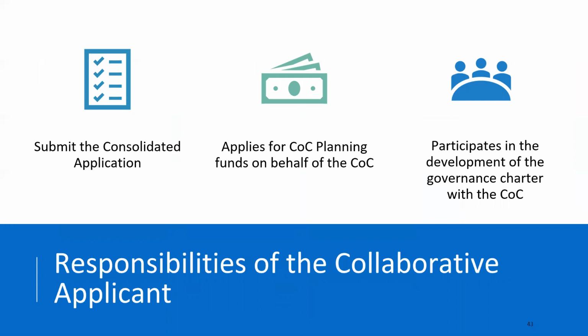This collaborative applicant is really the one who's making sure that things are submitted to HUD, applying on behalf of the CoC to HUD for funding. Some of the responsibilities of the collaborative applicant are submitting that annual consolidated application to HUD for funds, I mentioned applying for CoC funds, and participating in the development of the governance charter.